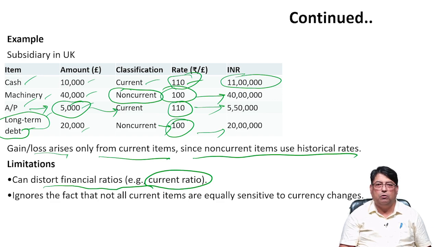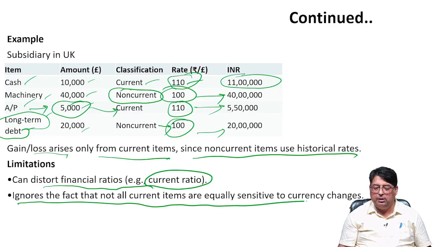Because of the volatility, the dynamism of the exchange rate, those ratios can change. It also ignores the fact that not all current items are equally sensitive to currency changes. There are certain items of current assets which are not sensitive to exchange rate changes, but still for them the current exchange rate is used for converting their value into the parent company currency.